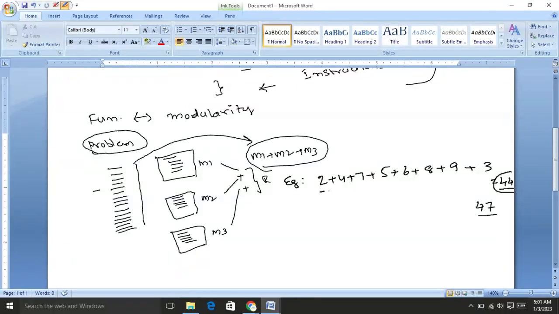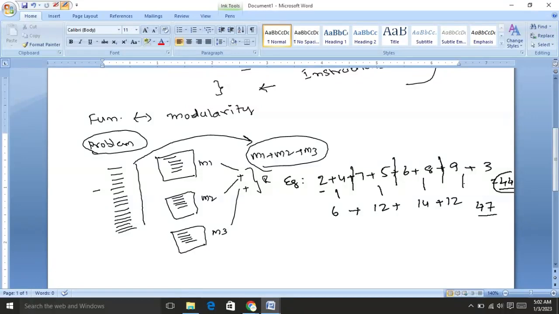Otherwise, we divide the problem into modules. Let us consider pieces: 6 plus 7 plus 5, 12 plus 14 plus 12. This is one module, this is another module, this is another module.